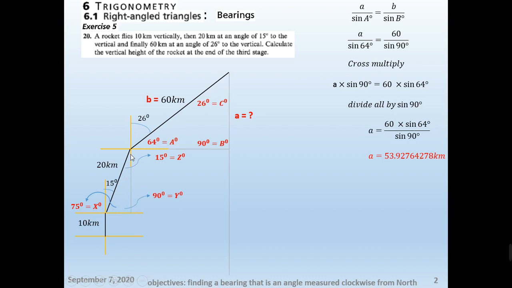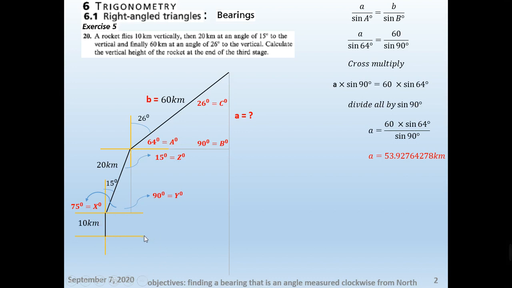Now, this side here is known as 20 kilometer. And I am trying to find the vertical side because here I found this distance from here to here, and now we're going to find this distance from here to here, and this distance is already known.